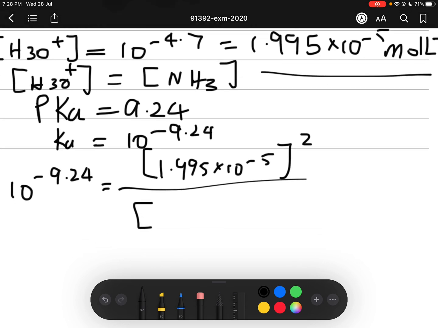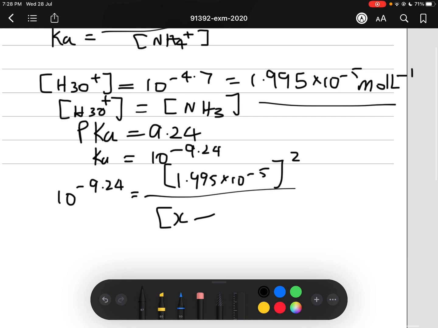So the technical way to write it would be some X concentration of NH4 plus minus the amount of hydronium and NH3 created, which is our number above. But since the Ka of NH4 plus is super small, this value is very small compared to this value. Therefore it's not very significant, so we can just say it's all over X.